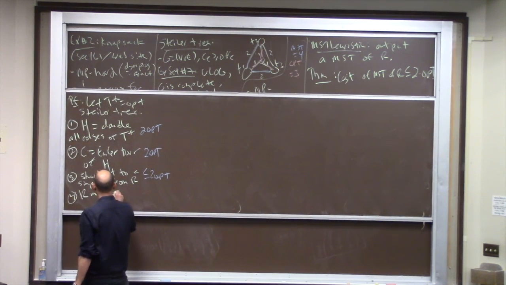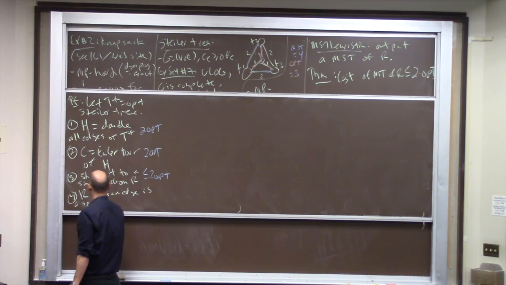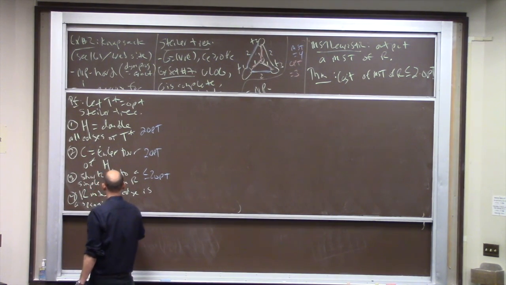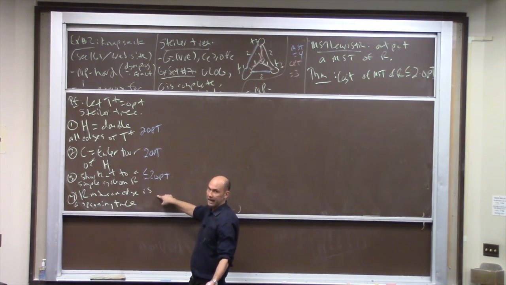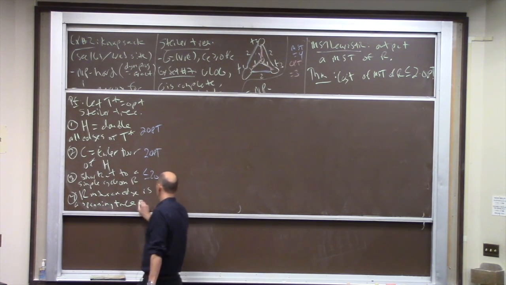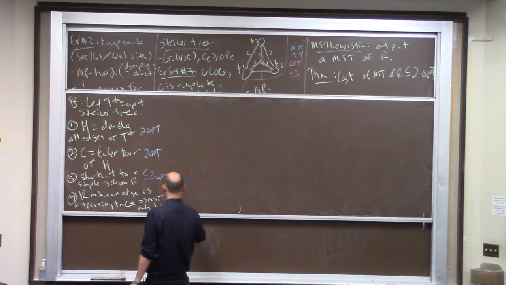So the cycle minus an edge is a spanning tree. Since the cycle had cost at most 2 opt, deleting an edge also has cost at most 2 opt. Costs are non-negative. And the MST, which is the output of our algorithm, is only better. And that's the full proof.